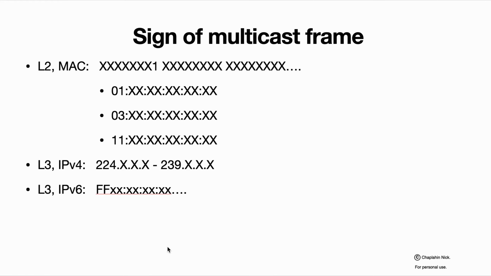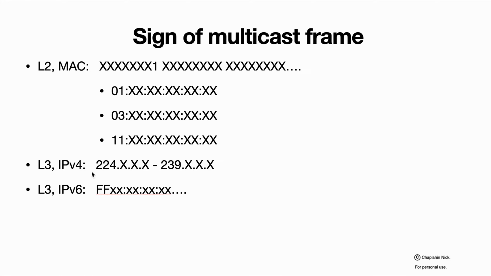By the way, you remember this from the video about MACs and IPs, but anyway, those are signs of a multicast frame. For L2 destination MAC, the sign of a multicast frame is that the first byte is odd, right? It's 01, 03, 11, 15, whatever. So we don't use even ones.